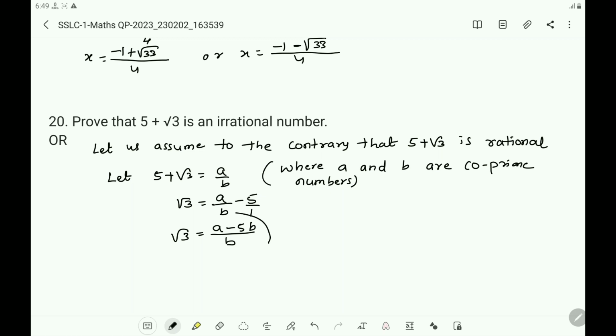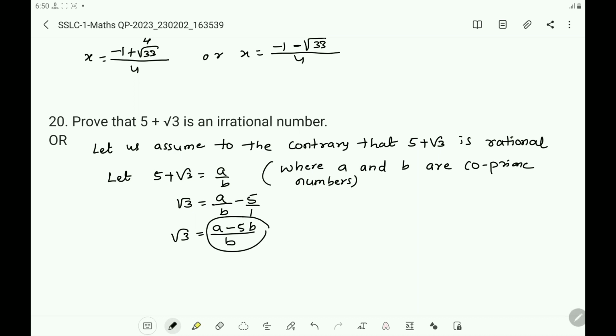Now you know that a minus 5b by b is rational. In the LHS you got root 3 which is irrational. But in the RHS you got rational. LHS is irrational. RHS is rational. So you know that it is impossible.